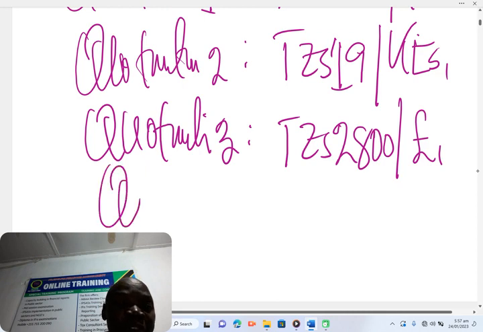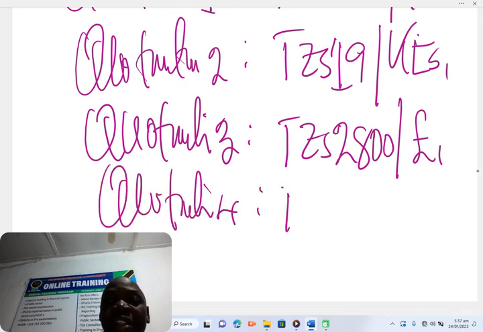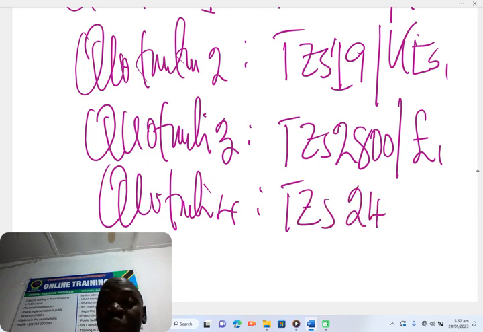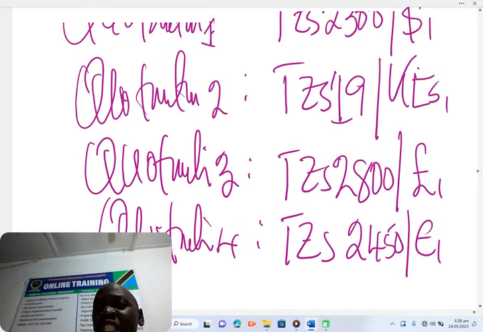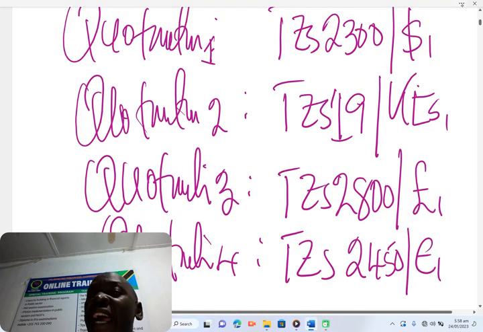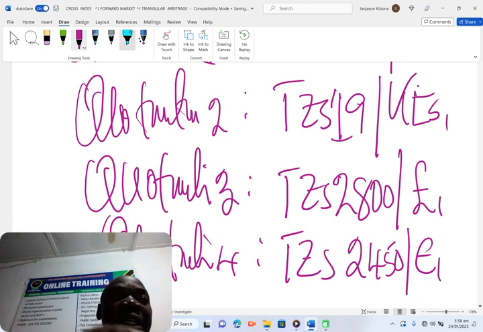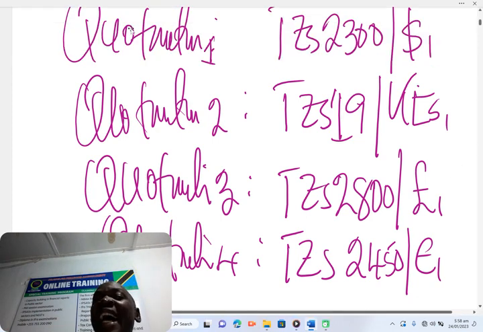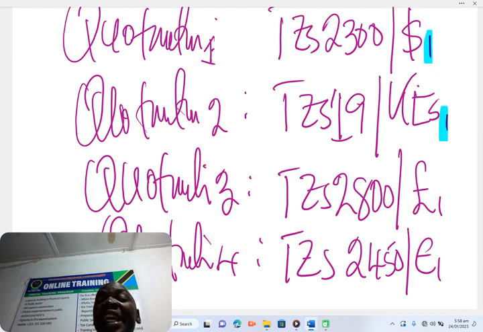Quotation 4. It is written as ZS 2450 stroke euro. So in this quotation, the currency which has been expressed as a single unit here, for example, in the first quotation, this dollar is a trading currency.